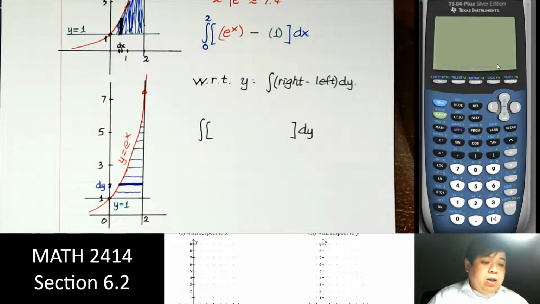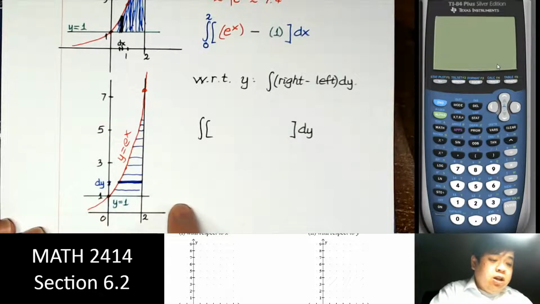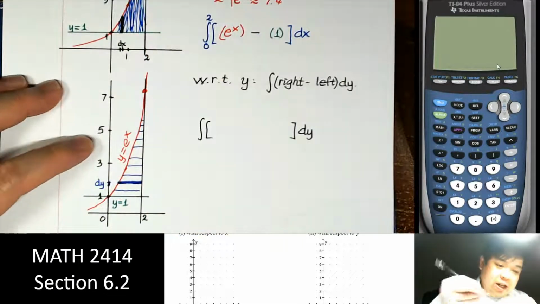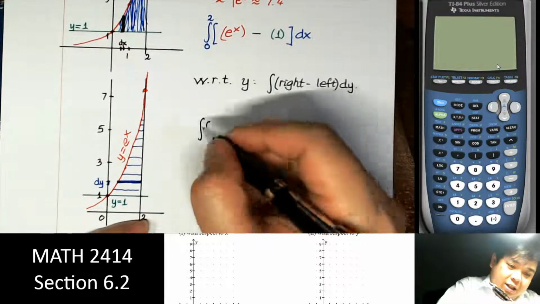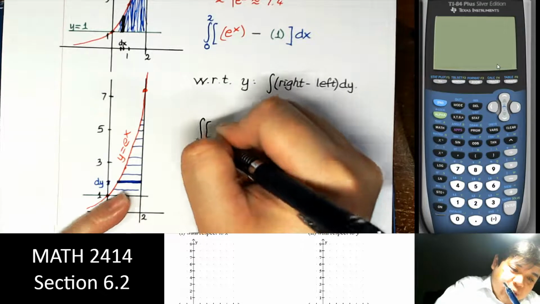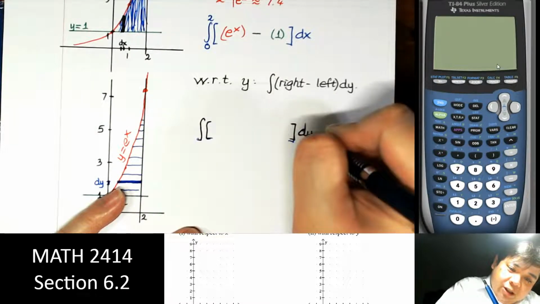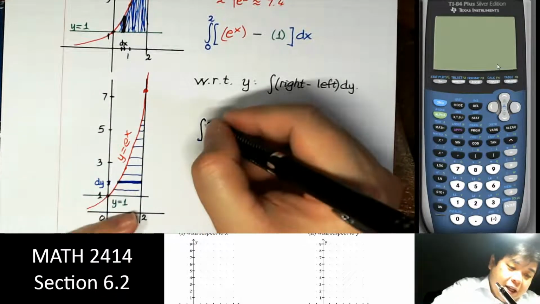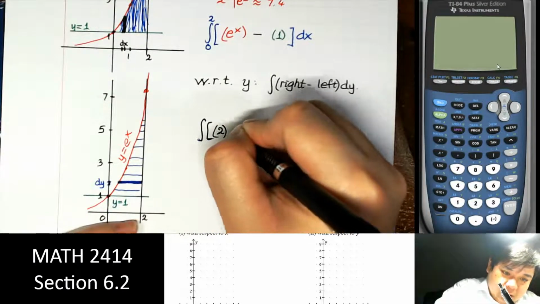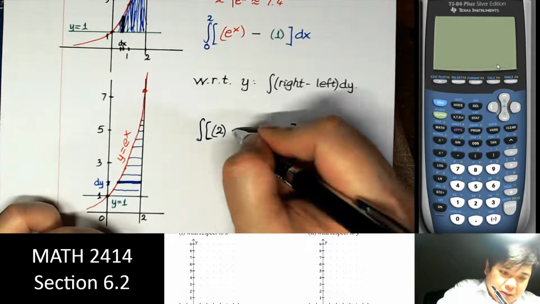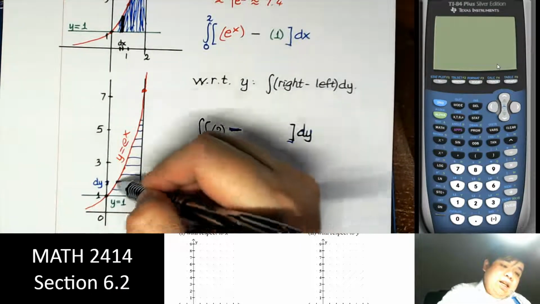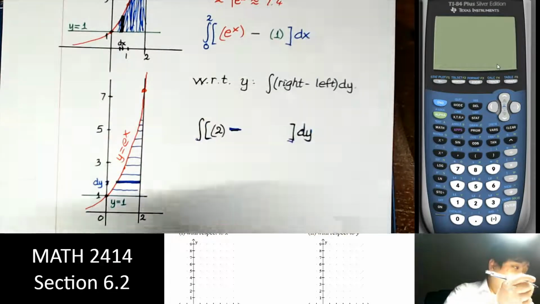Now, if we look at it like this, the function on the right is the line x equals 2, so that's easy. I switched color for no reason, so this will be in blue. The function on the right is 2. Subtract the function on the left, which is e to the x, y equals e to the x.